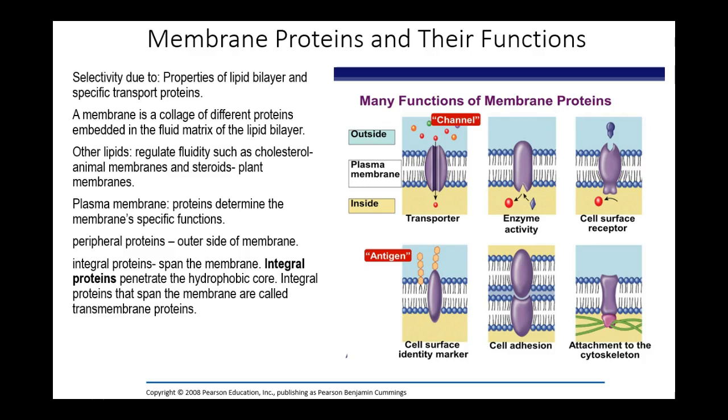Proteins and their function. We talked about this a little bit in the beginning, and here's the same picture again, and then I have it listed on the next slide. Some of the selectivity of the membrane is due to specific transport proteins, and they are embedded in the membrane.